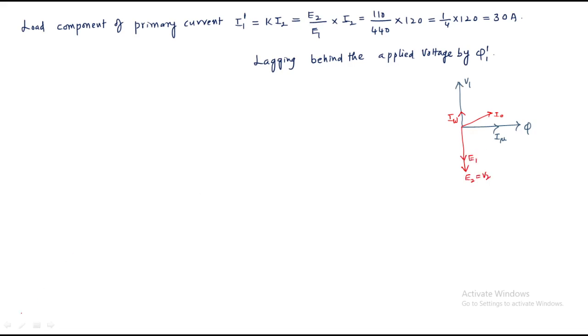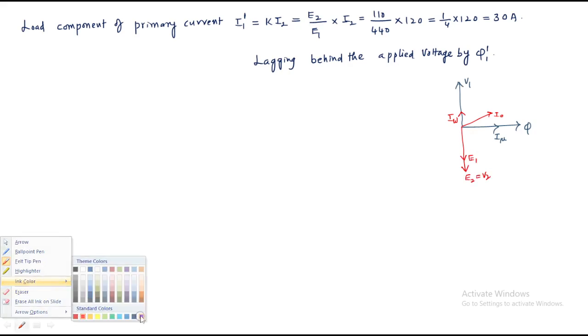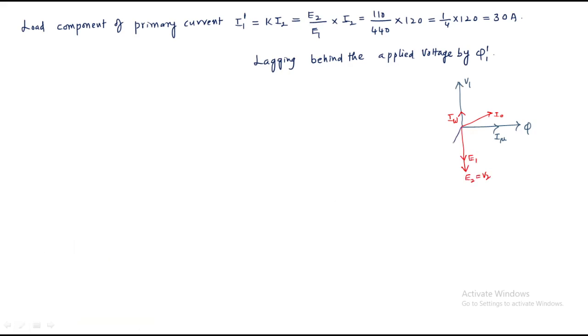Here the load is a lagging load. So let us take this I2, this is phi 2. This is I1 double dash, and from this is phi 1 dash, lagging behind the applied voltage by phi 1 dash. That's why we have written this. And what is the resultant between these two?